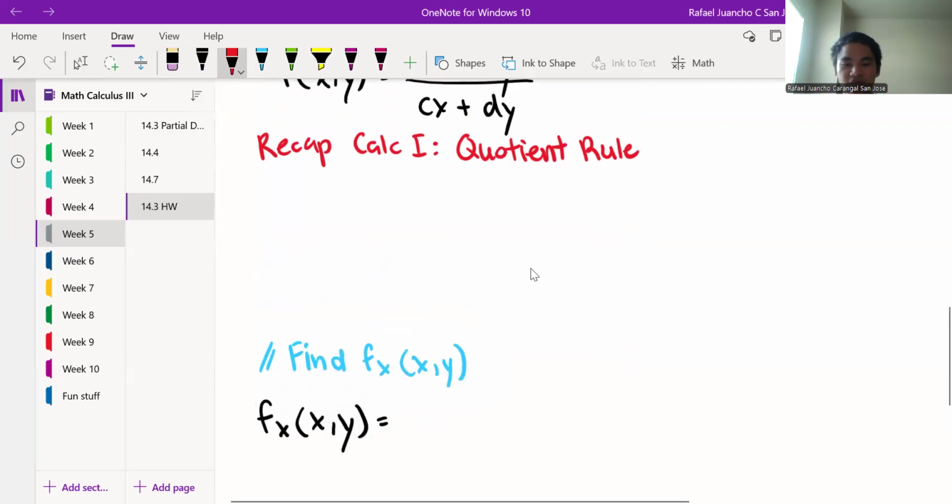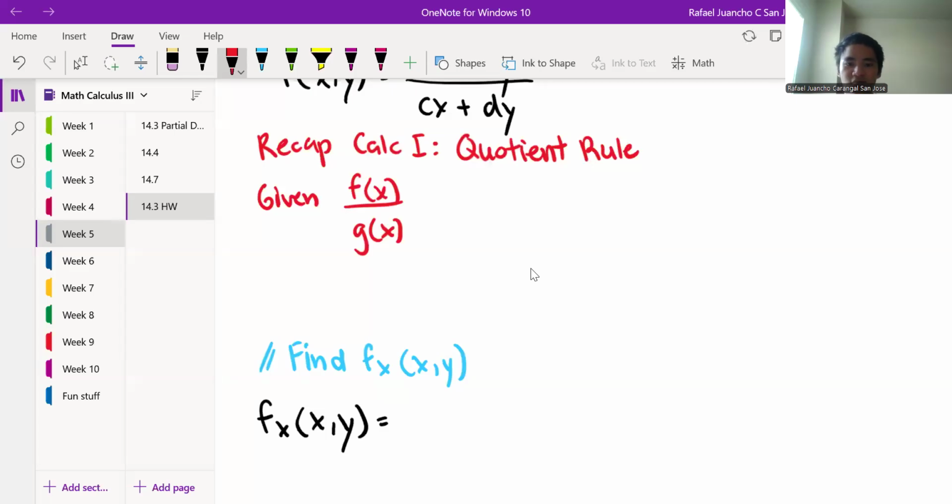So the idea is if we're given two functions, some f function and some g function, and if we take the derivative of this, we do this first, and then we take the derivative of my upper, my numerator.